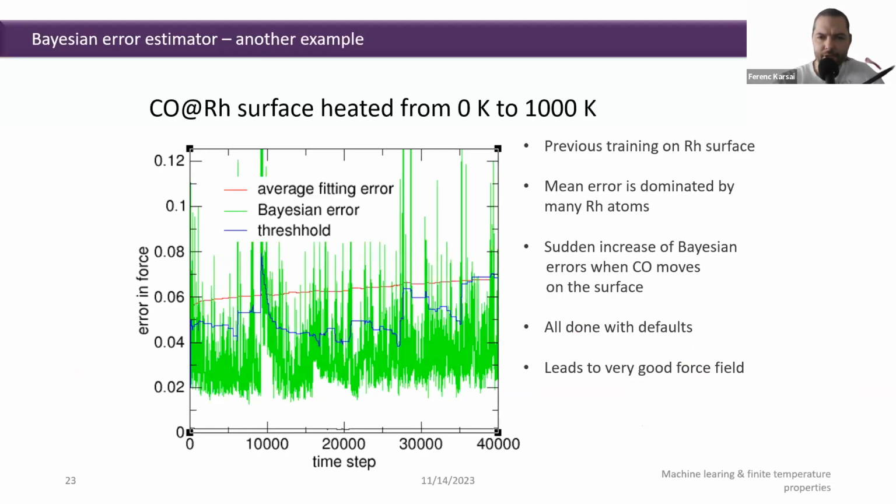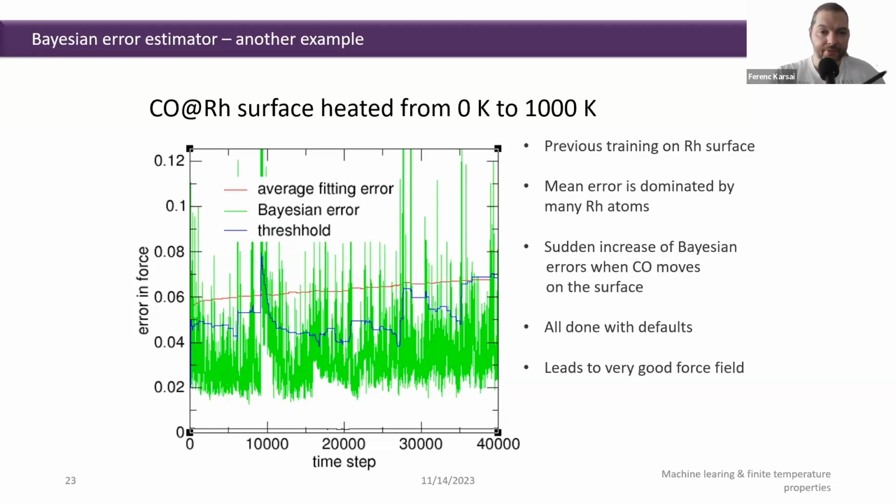You also see that the real errors are higher than the average, because the average is dominated by rhodium-rhodium interactions, since you have more rhodium atoms than other atom types. But nevertheless, you see a lot of these huge spikes, and these are related to movements of the CO atom, because they result in configurations that are really different than before, have never been seen before, and are quite hard to learn.